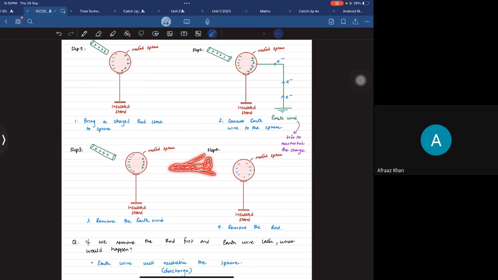It could be positive charge on the plane or negative charge. So if you fuel it directly, the charge might cause a spark and the plane will catch fire. But by connecting earth wire, it neutralizes the plane and then you can put fuel in it to be safe. Do you guys get it? Like that.